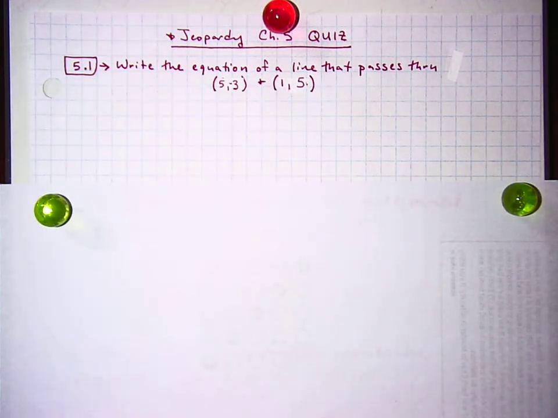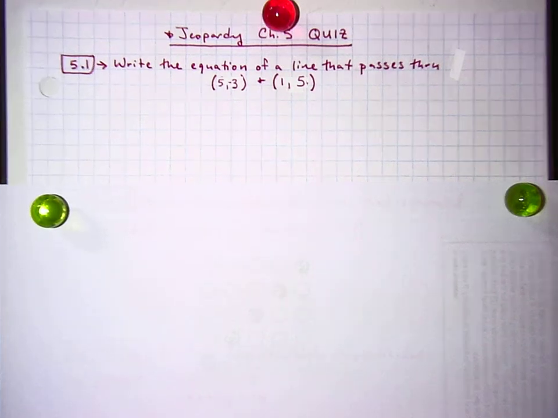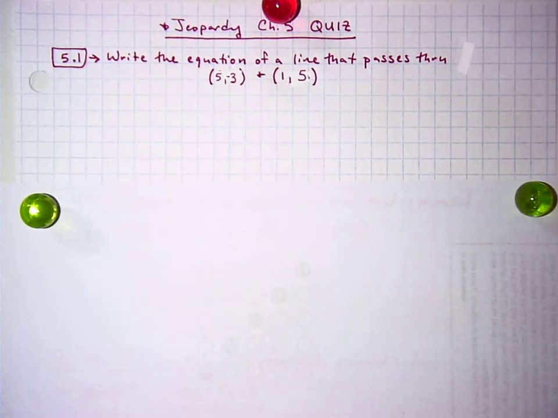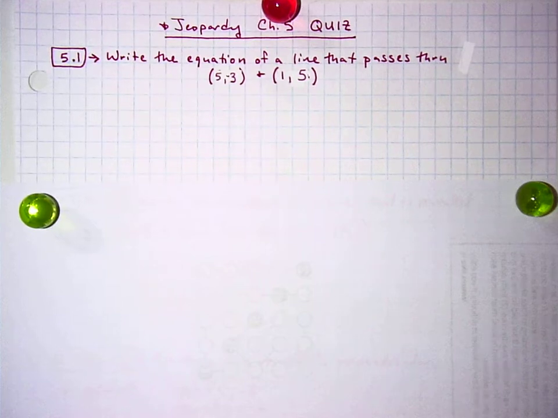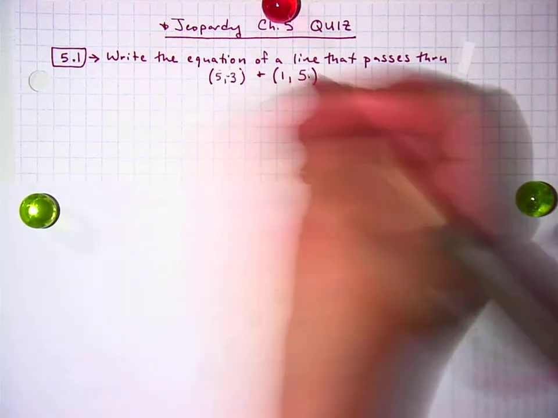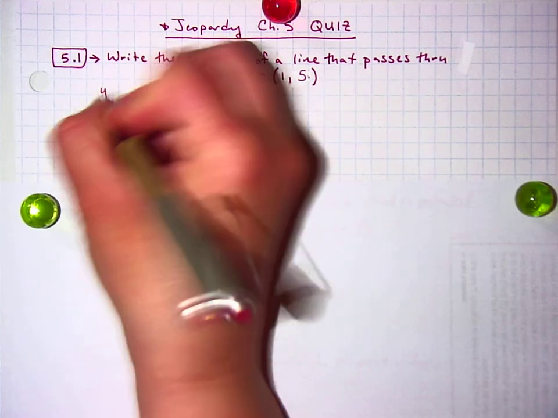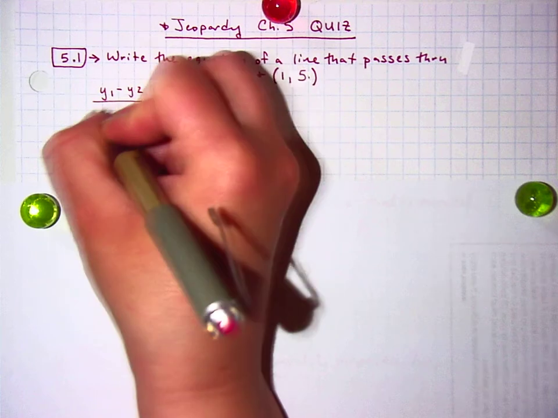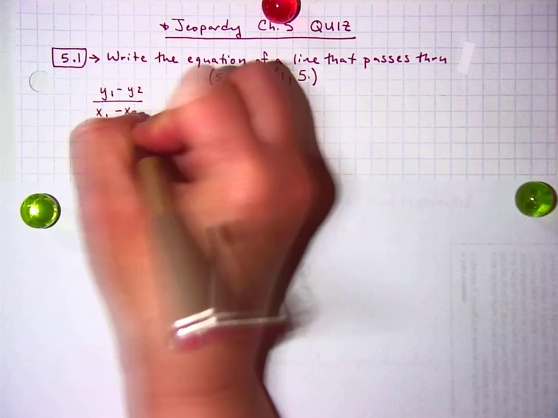Okay. Write the equation of a line that passes through 5, -3, and 1, 5. Well, the first thing I need, whenever I'm writing the equation of a line, is a slope and a y-intercept. So the first thing I'm going to do is find a slope by doing that y1 minus y2 over x1 minus x2 thing.